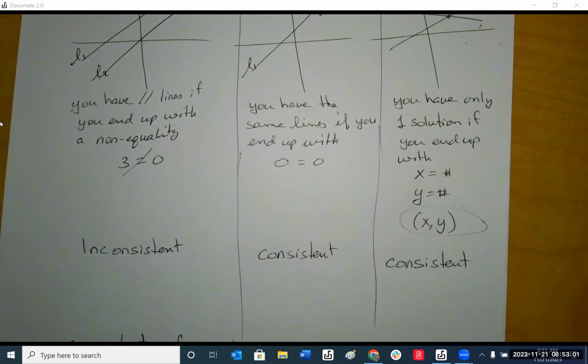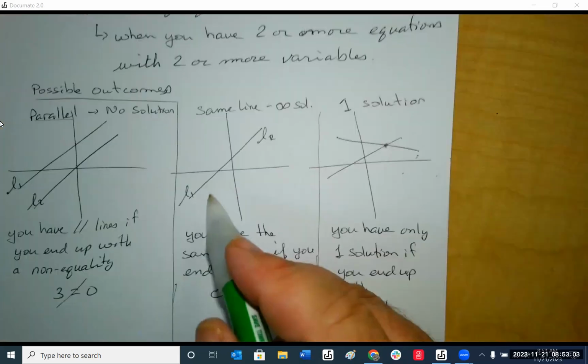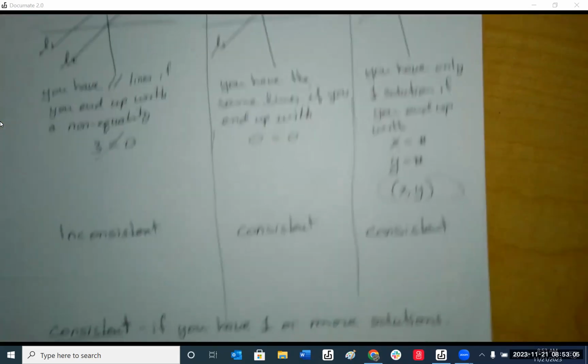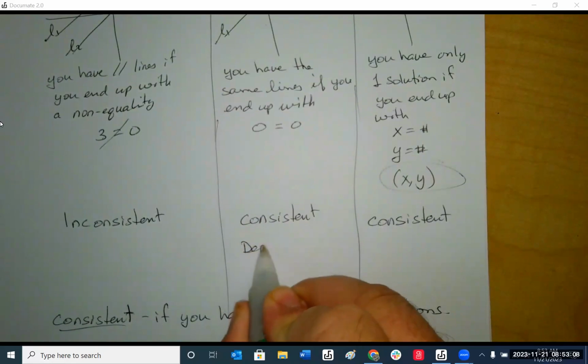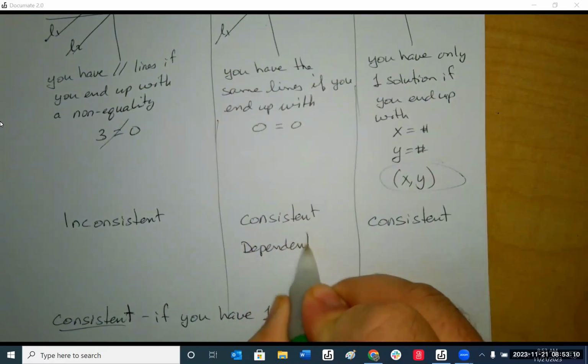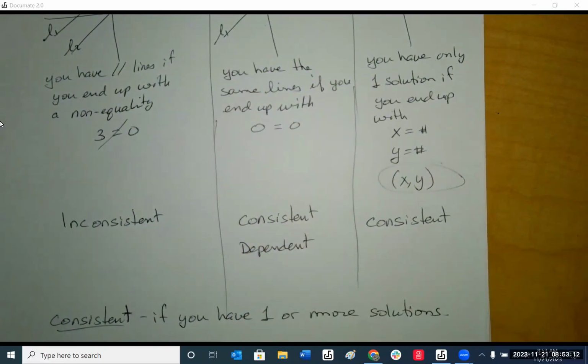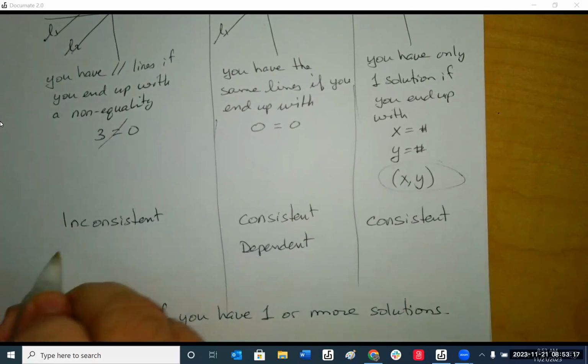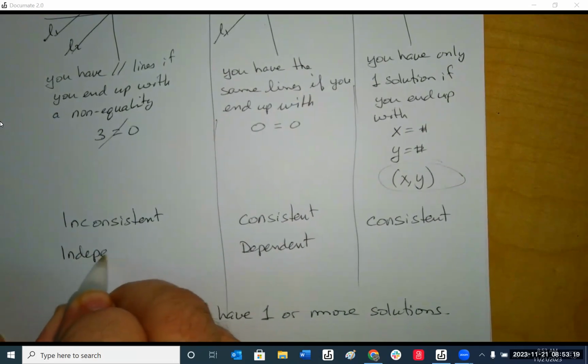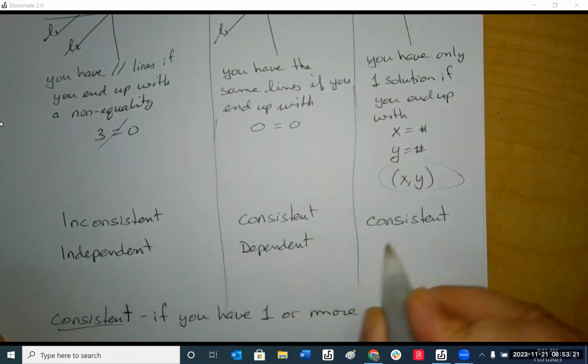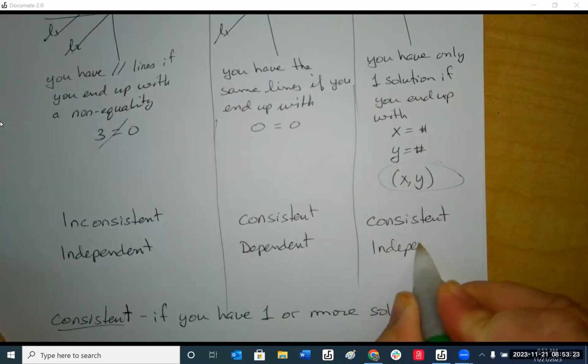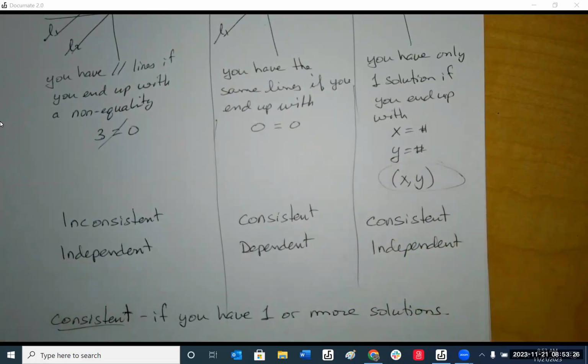All right. If they're the same line, they're called dependent. So that means if they're different lines, they're independent. Because if they're the same line, the equations are the same and one equation depends on the other equation.